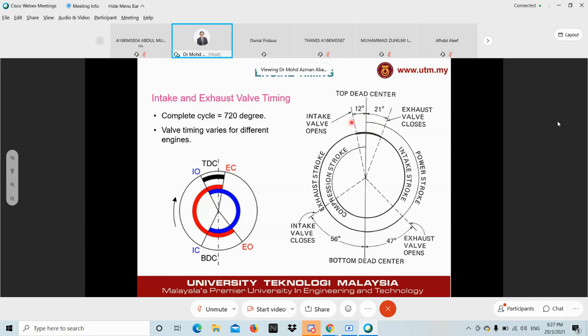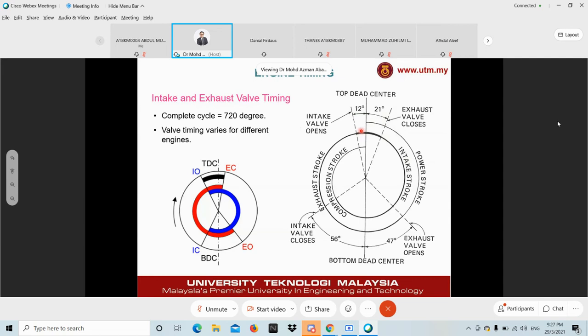So over here, the dotted line marks 12 degrees before TDC. It marks when the valve starts to open, but it doesn't tell you when is the maximum opening point.